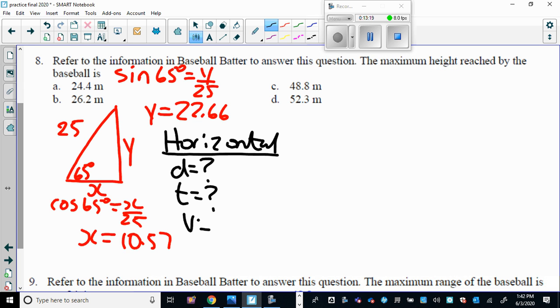Do we have the velocity? Yes, we do. This is the horizontal velocity. And a reminder that the horizontal velocity is always constant. It's uniform motion, constant velocity. So it's always 10.57 meters per second.